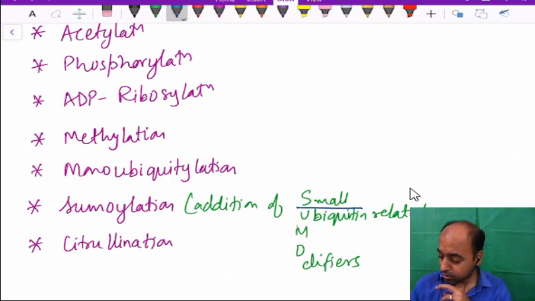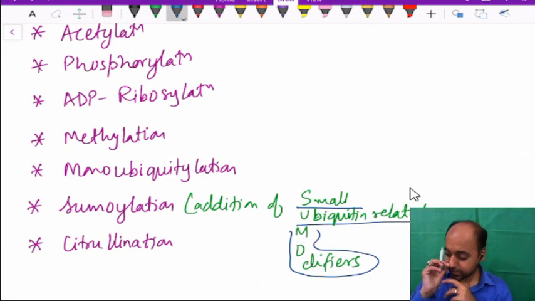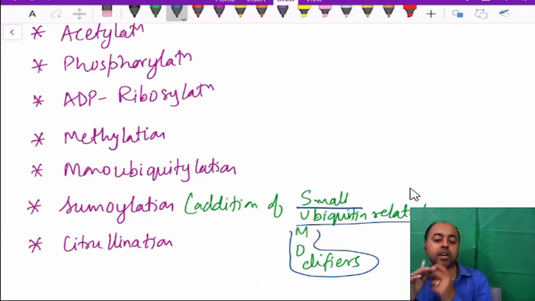Addition of SUMO is known as SUMOylation. So all of these are the covalent modifications which can occur in the histone.